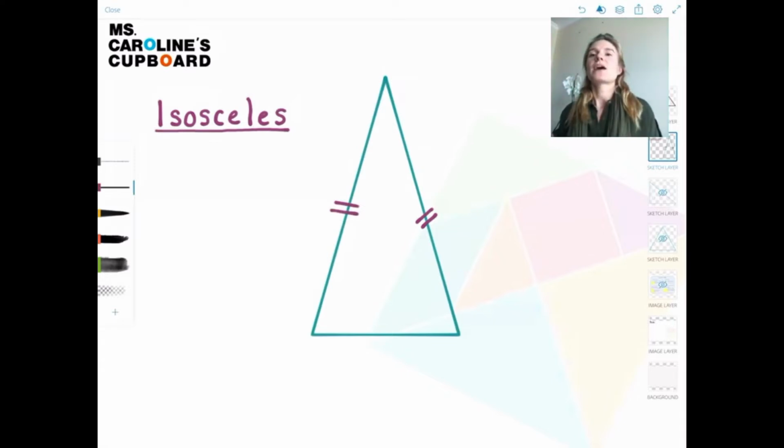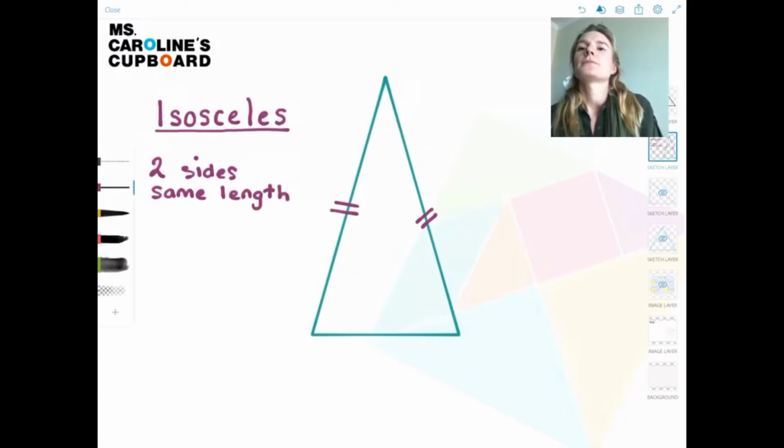So we can write that down as our first feature of an isosceles triangle: two sides that are the same length.